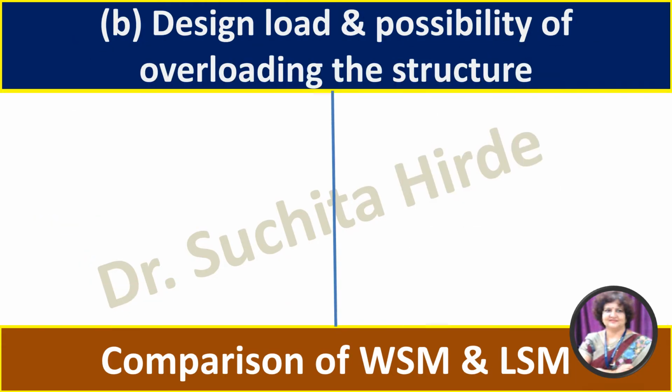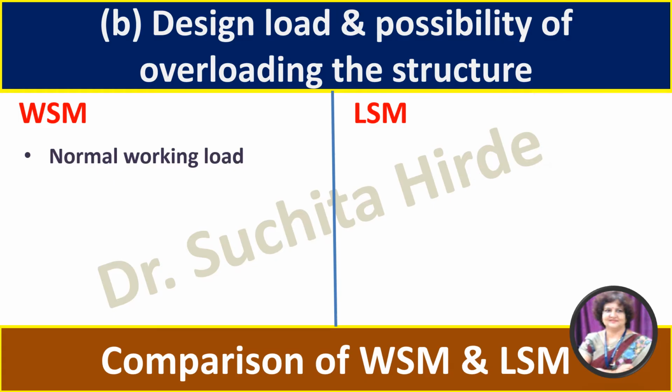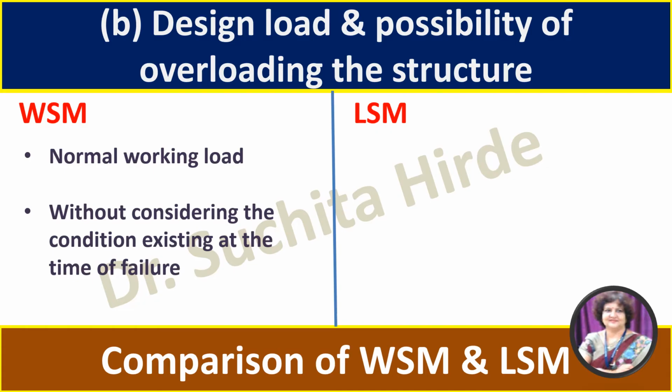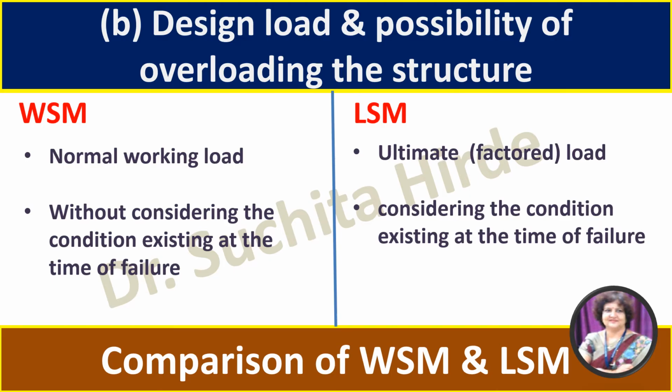Now the next criteria for comparison is design load and possibility of overloading the structure. In working stress method, the stresses in the structural member are considered for normal working load without considering the condition existing at the time of failure. Whereas in limit state method, the design is based on ultimate load.